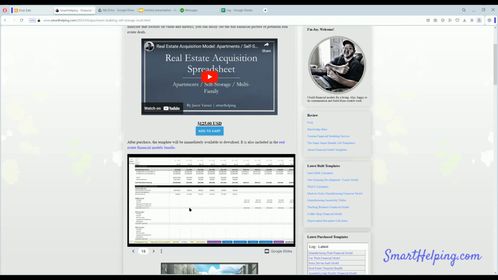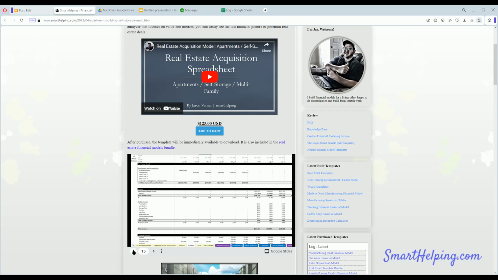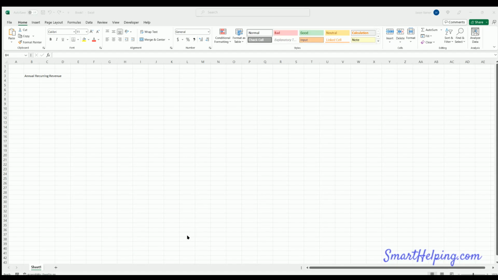While I've been going through all the templates doing screenshots, I've also been updating and checking all the formatting and giving all the models another set of eyes. So you'll see formatting updates across the board. Some will have more updates than others depending on how old the model was. All right, so let's get back to it here.